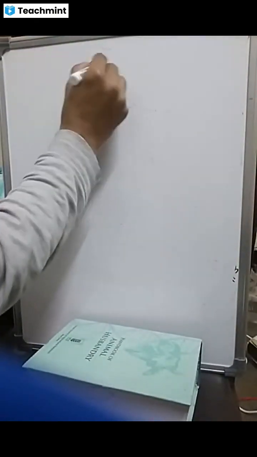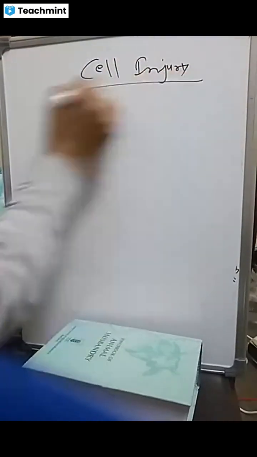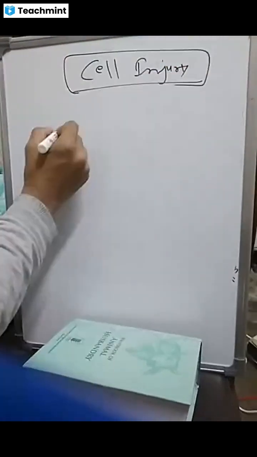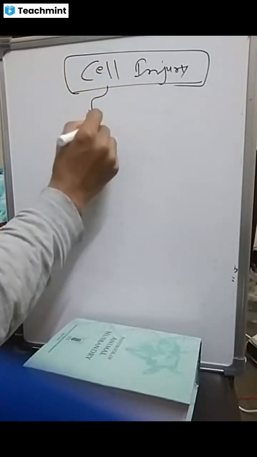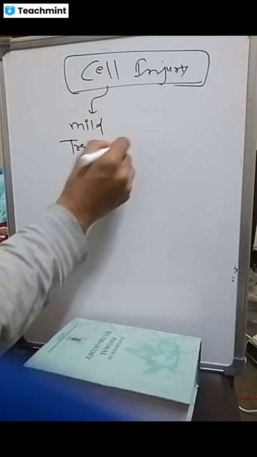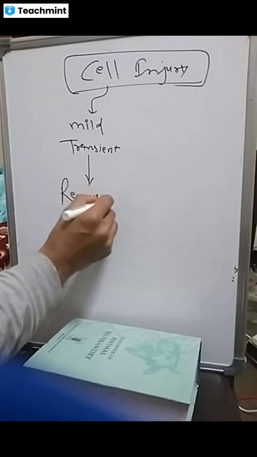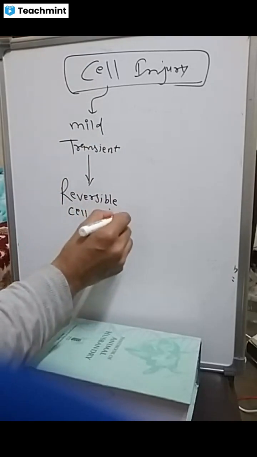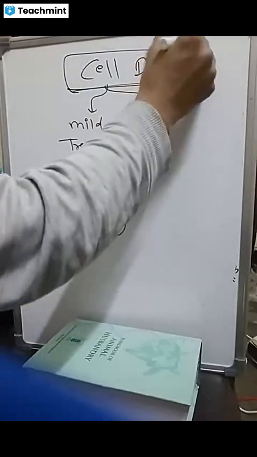So we have reached cell injury. If this cell injury is mild and transient, temporary, then this is reversible cell injury.